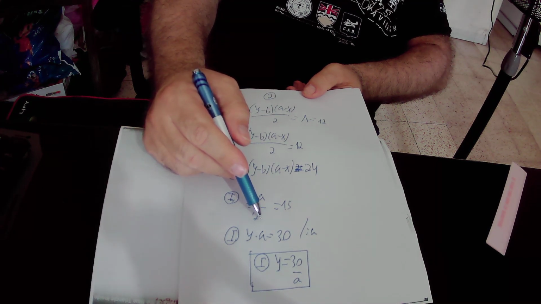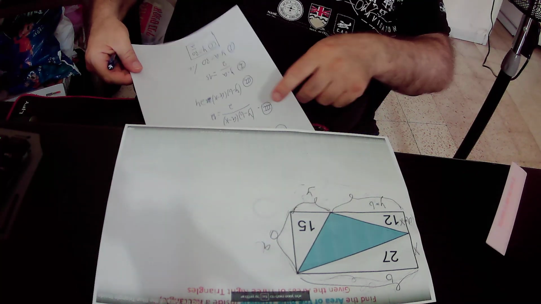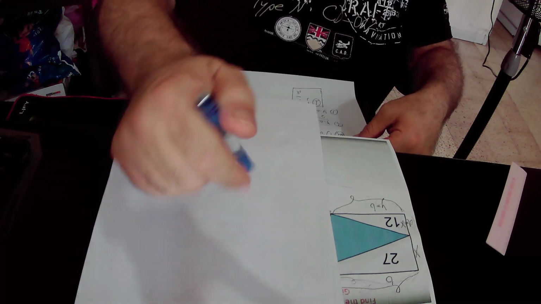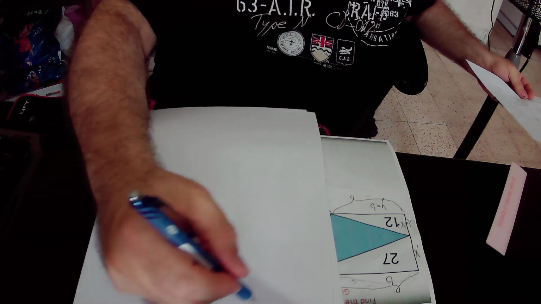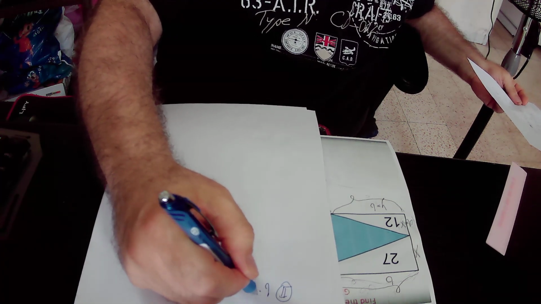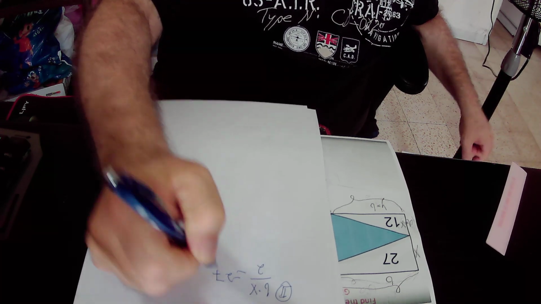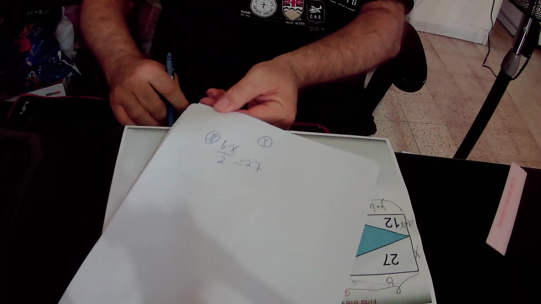Now we will take x out of the second equation. The second equation is b times x divided by 2 equals 27.